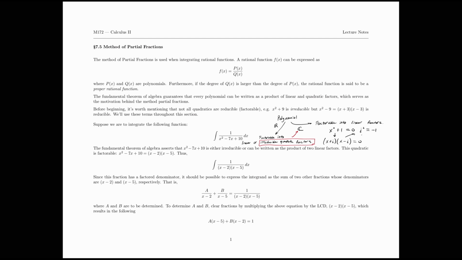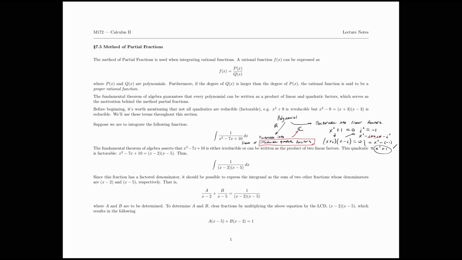So if we FOIL this out, we have x squared minus ix plus ix minus i squared. So these linear terms cancel. We have x squared minus -1. So x squared plus 1. So that checks out.